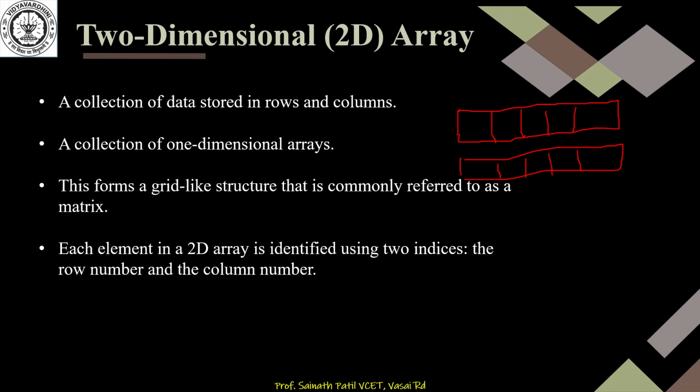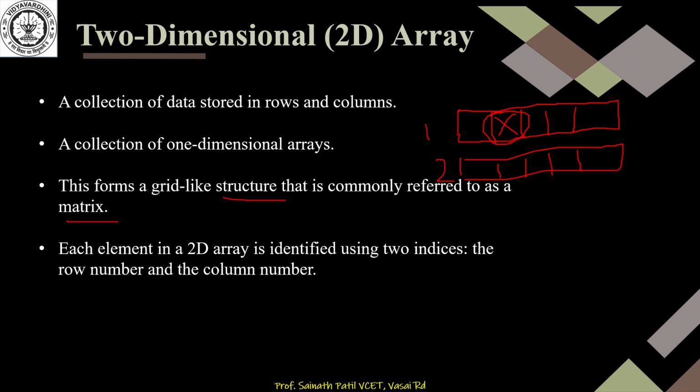So this is row 1 and this is row 2. If you want to access a particular element like this, this is the element present in the first row and second position. So it is a form like a table. That is why this form, the 2D array, forms a grid-like structure commonly referred to as a matrix or table.